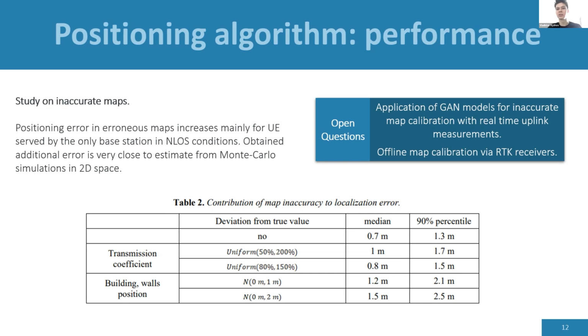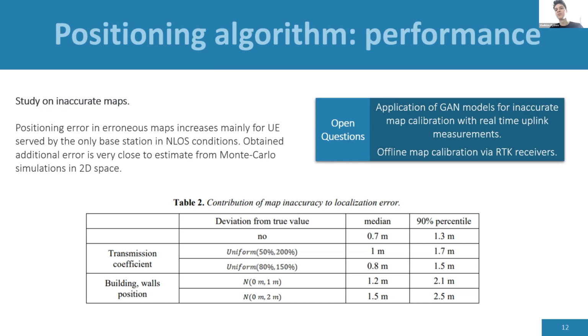And the question here also is how to improve the accuracy of our maps. The first solution that we found, but did not study, is application of GAN models for calibrating these maps with real-time uplink measurements. The second proposal is to use RTK receivers to calibrate our map offline.